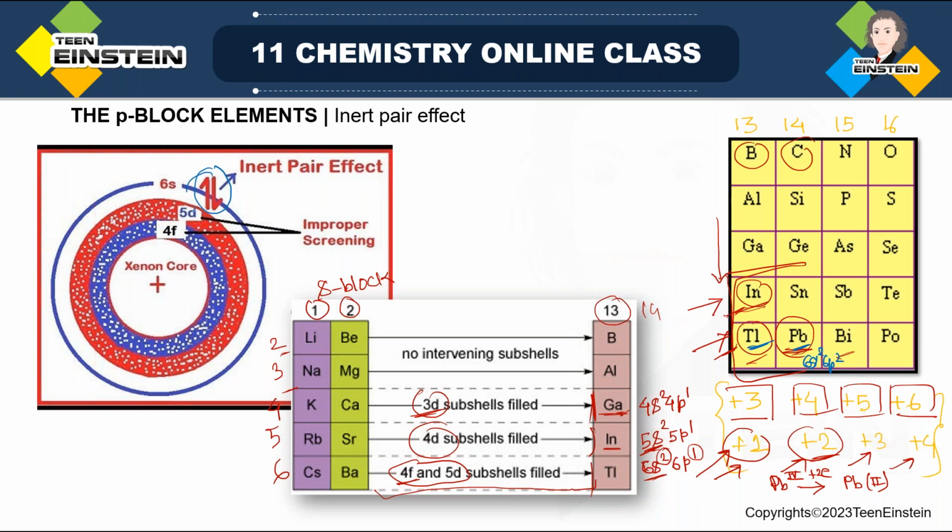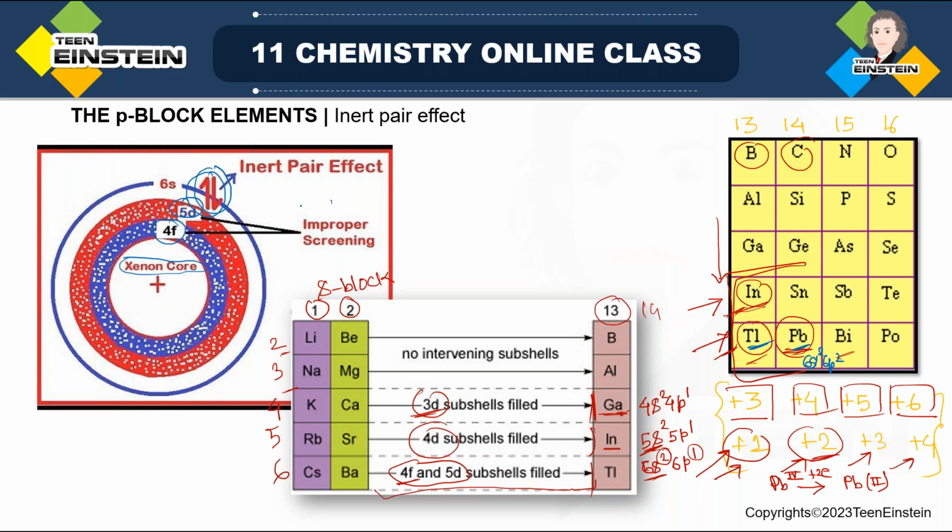So unpairing this 6s electron is very difficult because of the presence of 5d and 4f electrons inside the xenon core. When you consider 6th period elements, the last noble gas or inert gas is xenon. That is why xenon core is mentioned.